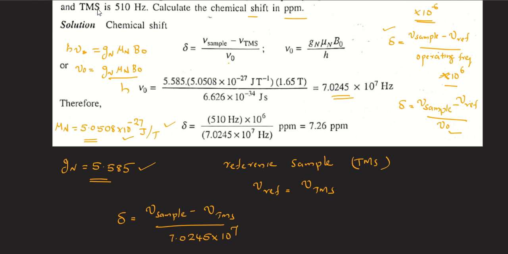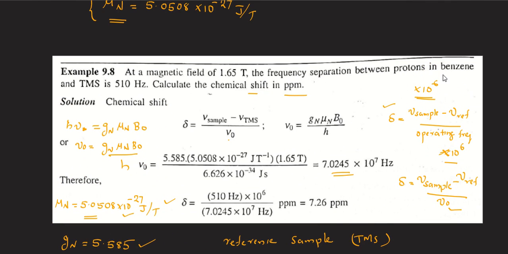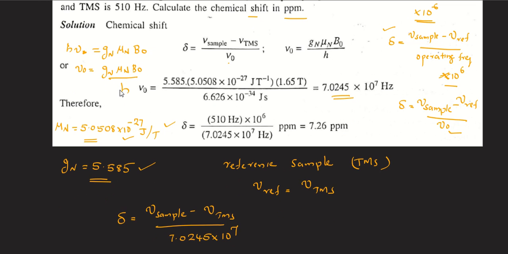In the question, the separation between protons in benzene and TMS is given as 510 Hertz. That means the difference nu sample minus nu TMS is given. What is the value?